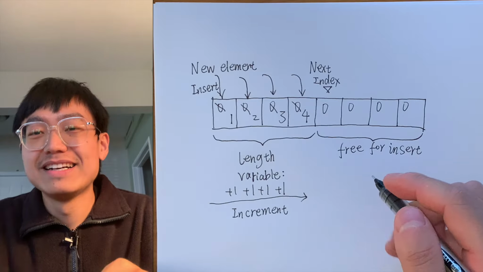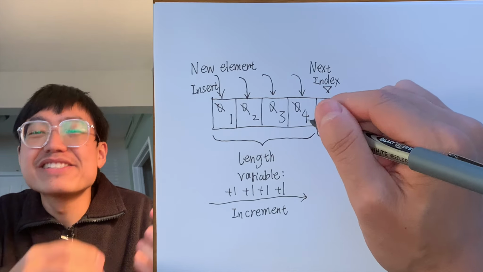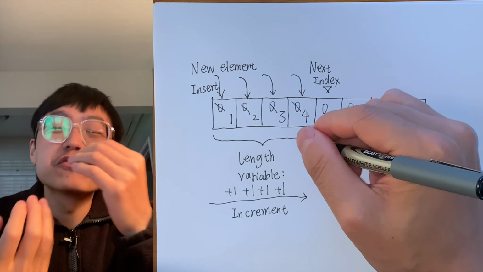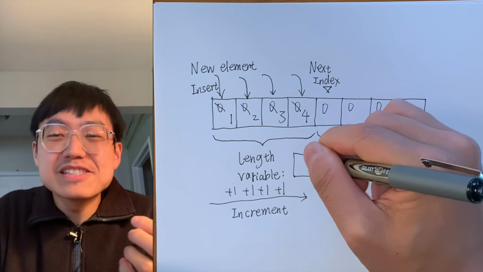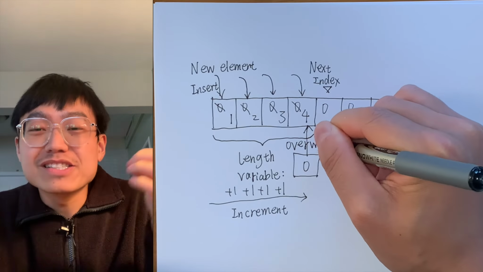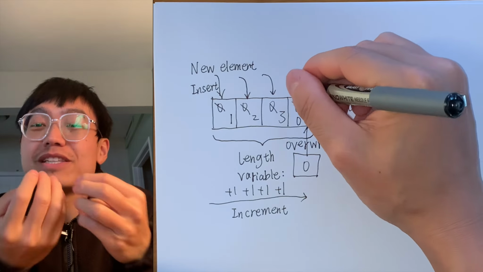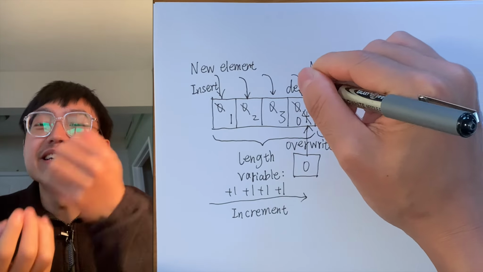Even though we call it a deletion, it's not actually freeing up space for a new element. This is because we don't actually need to free up any space. We're simply overwriting the value at a certain index to delete the element at that index.